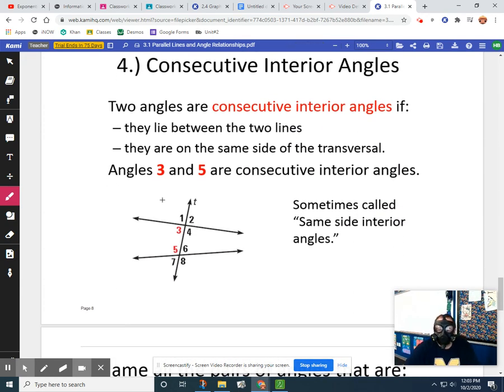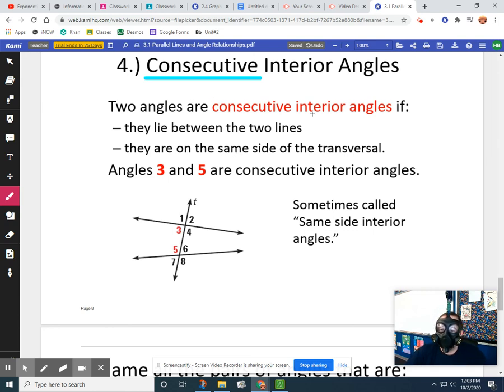Okay, consecutive interior angles. The word consecutive, if you're not familiar with that word, means one right after the other. Like when you're running your schedule at school, consecutive hours are first, second, third, fourth, one right after the other.